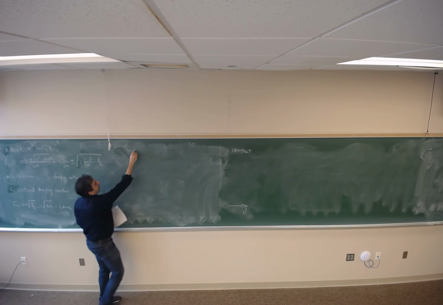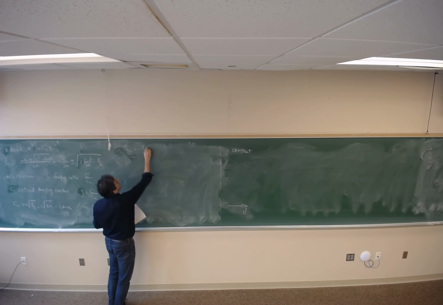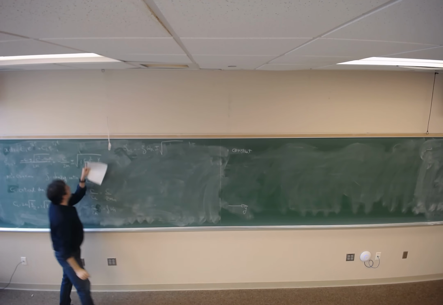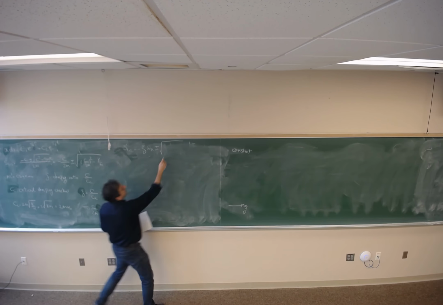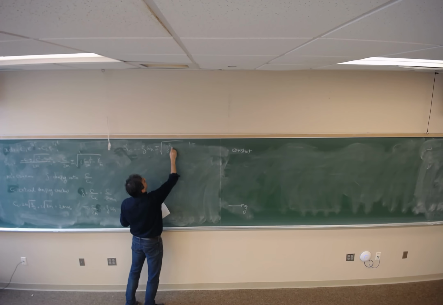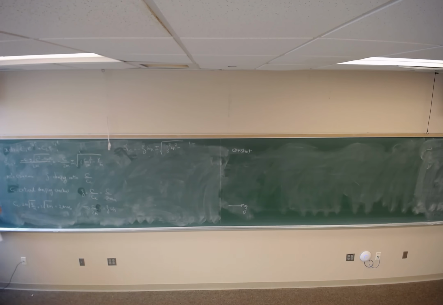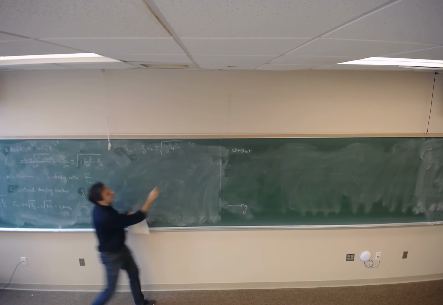I'm gonna get negative zeta omega n plus and minus the square root of zeta squared omega n squared minus k over m. Omega n is always the square root of k over m, so k over m is omega n squared.